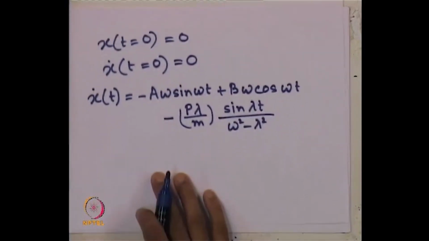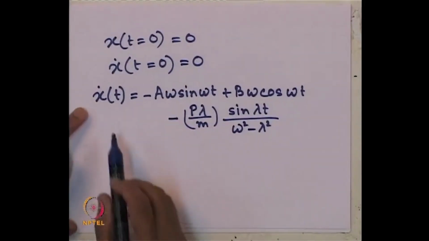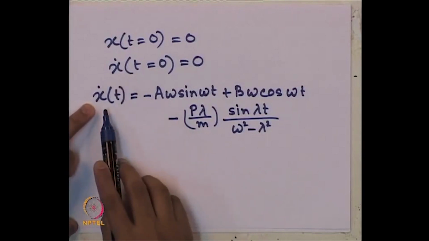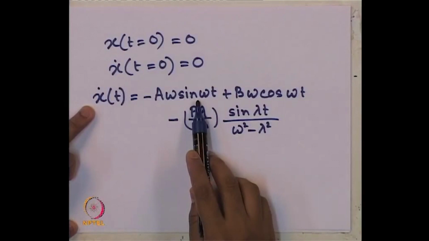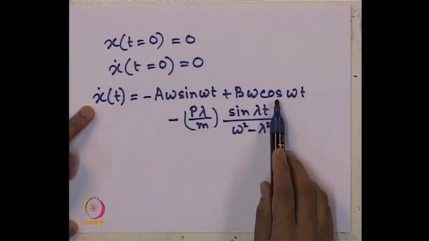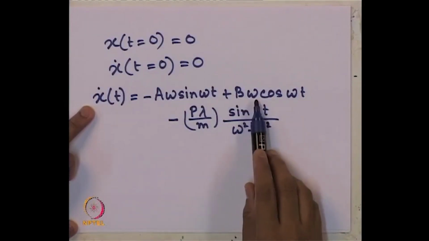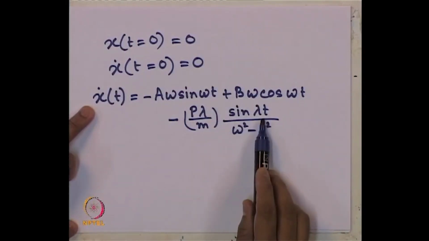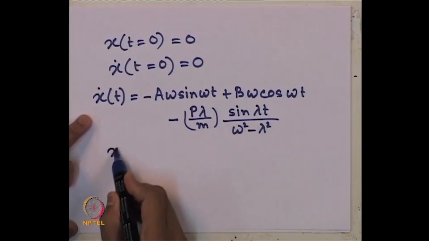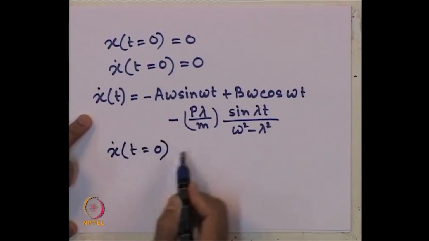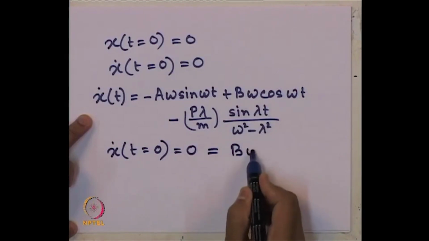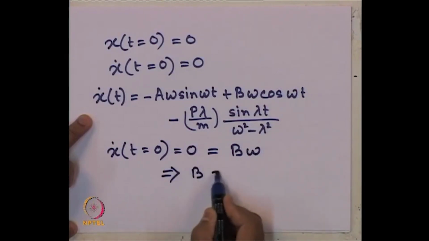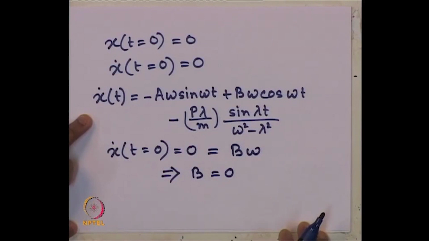If we put the velocity at t equals to 0 is 0, this term vanishes because sin 0, this term remains, it is b omega, this is also sin 0, so vanishes. So, x dot at t equals to 0 will give us only b omega, which will imply b is 0, because omega cannot be 0. So, b is 0, fine.